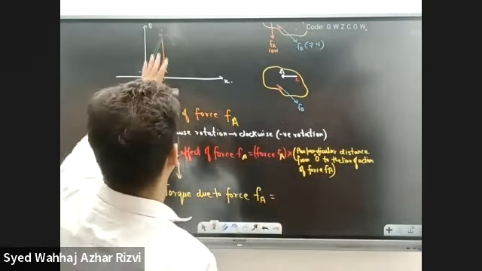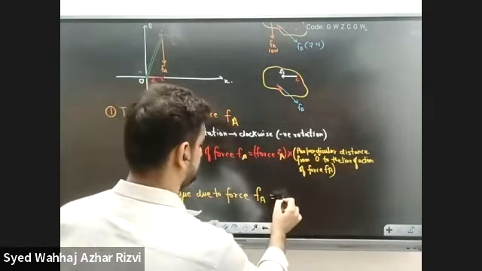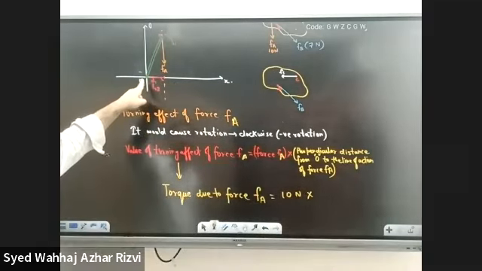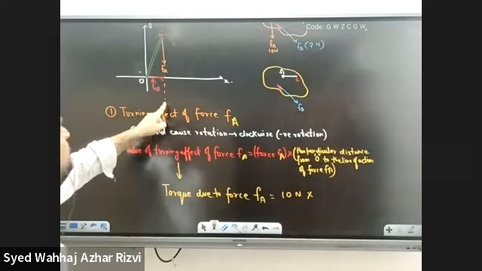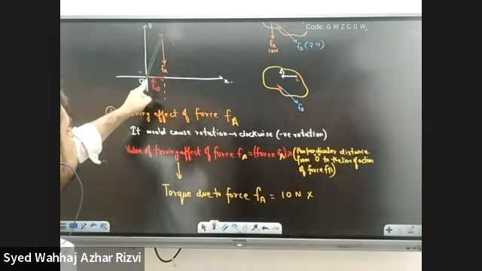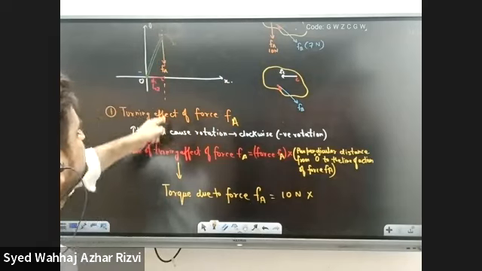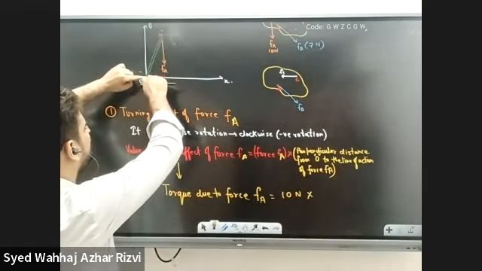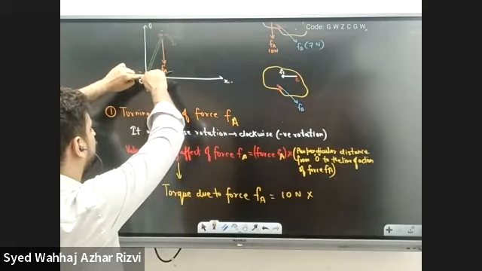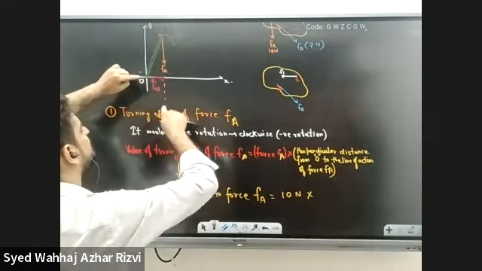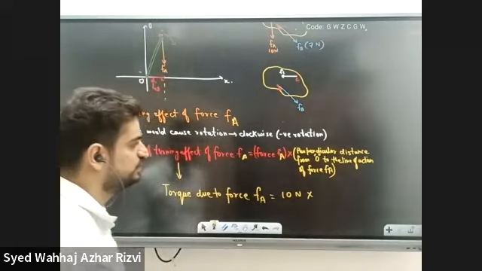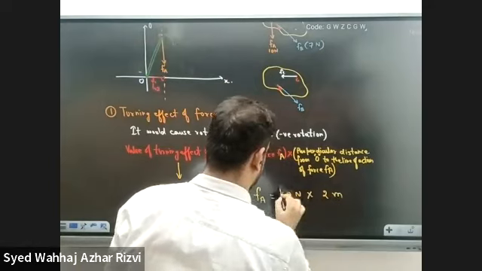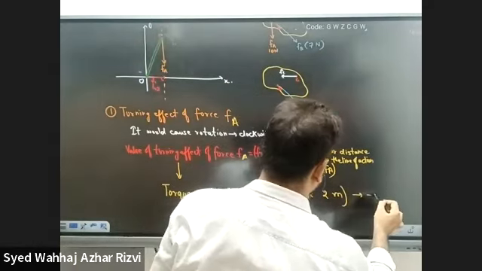What is the force of FA here? We have 10 newtons. 10 newtons multiplied by what is the perpendicular distance from origin to the line of action of this force, this line. So what we do, we start from O and we draw a perpendicular from O to this line, and this distance is 2. So it is into 2 meter, and this is going to be negative.